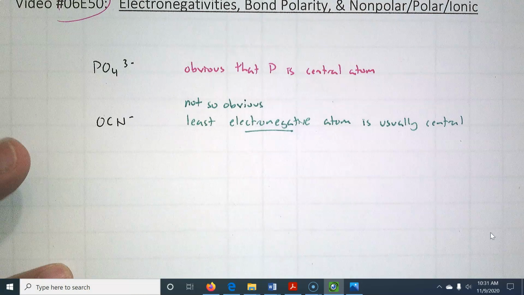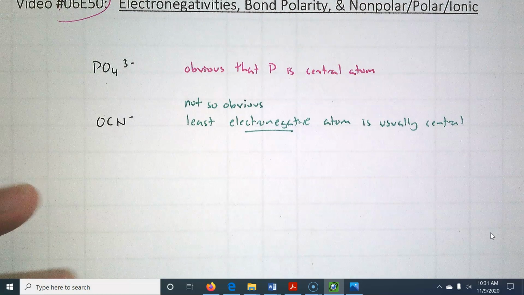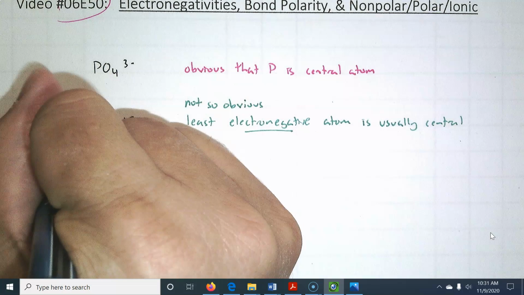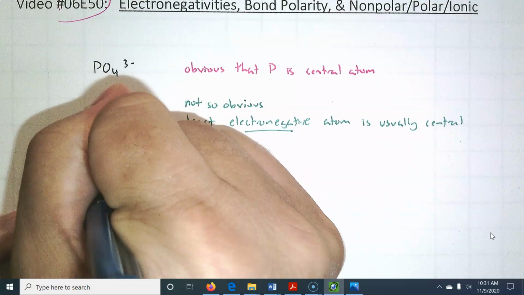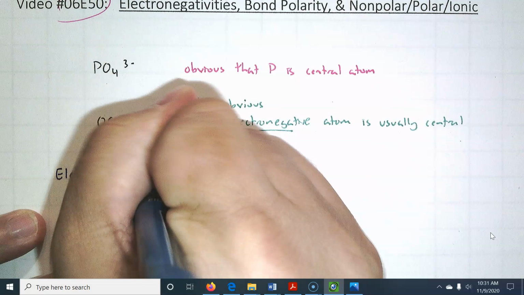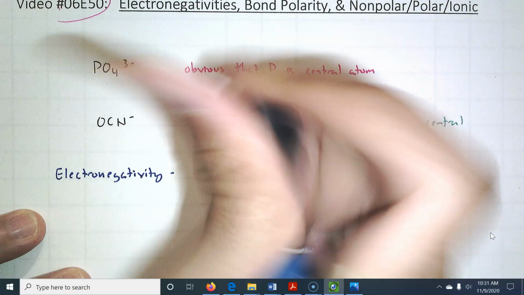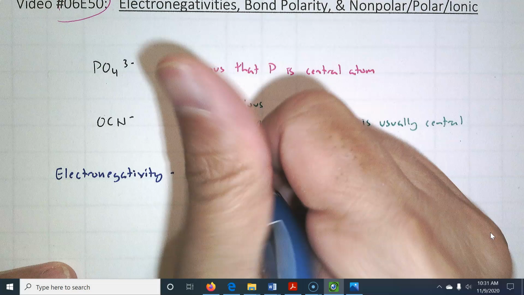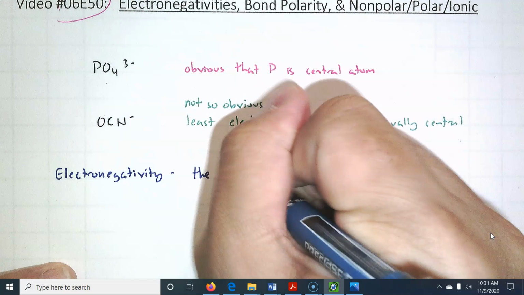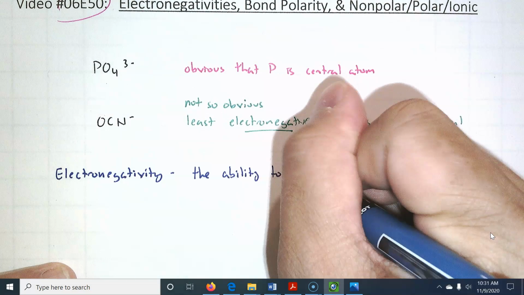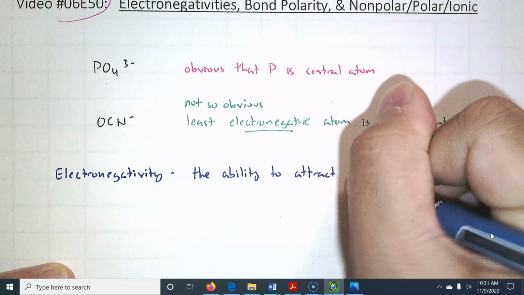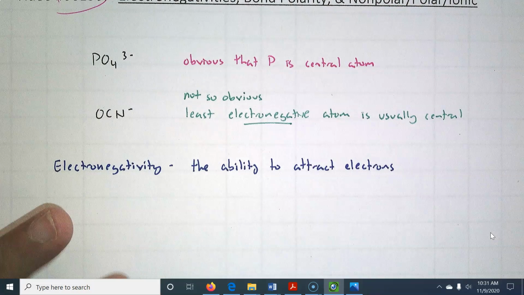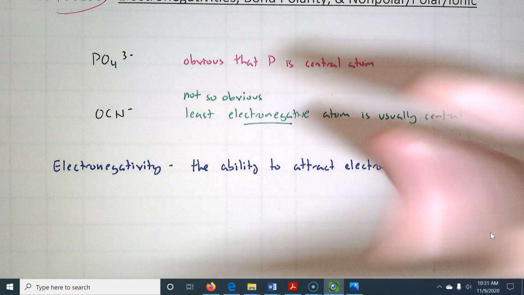Let me give you a working definition for electronegativity. Let's say the propensity or the ability to attract electrons. But really, the way I use electronegativity is within the context of a bond.